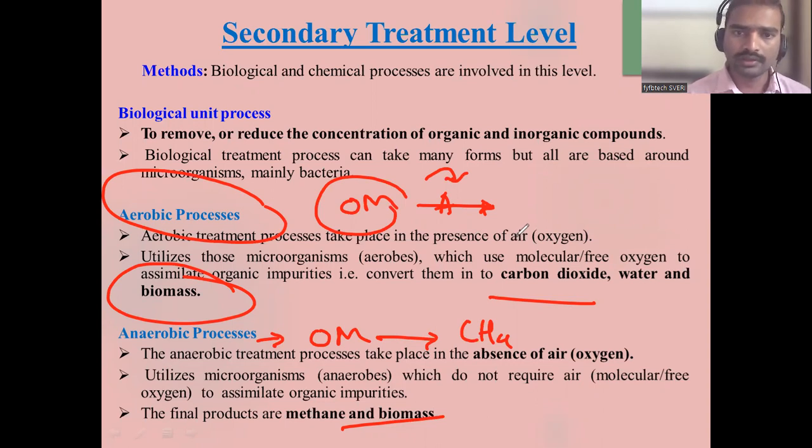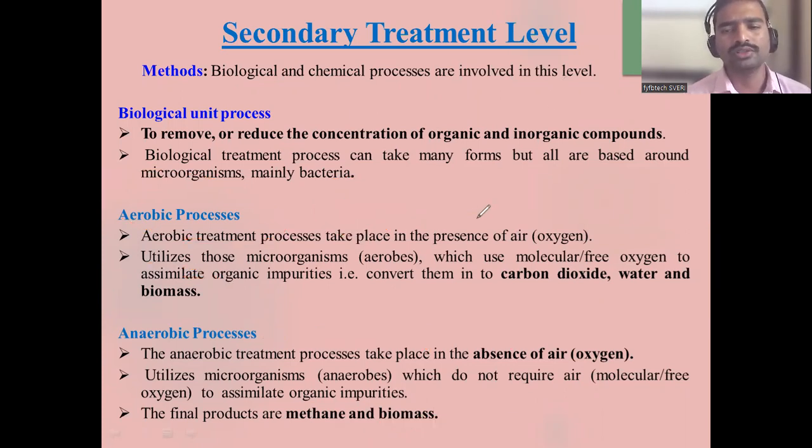In the presence of oxygen. I am hearing only a few students, only four or five. Others, you have to give the reply. Avinash, 53, are you present? Yes, sir. Are you understanding? Yes, sir.